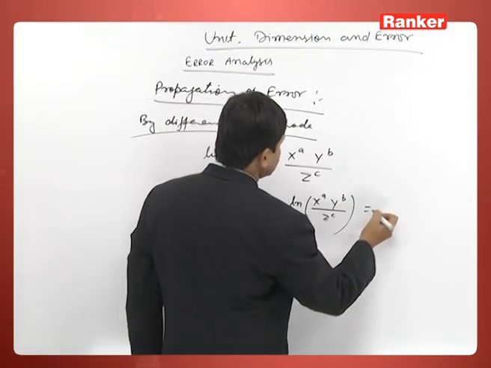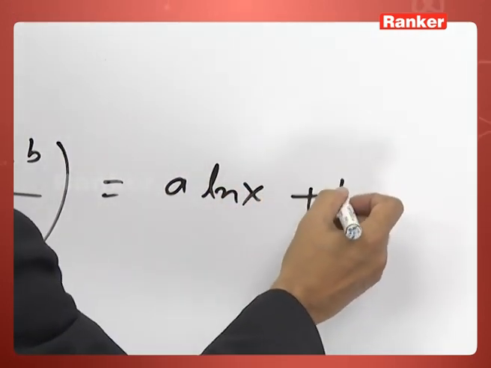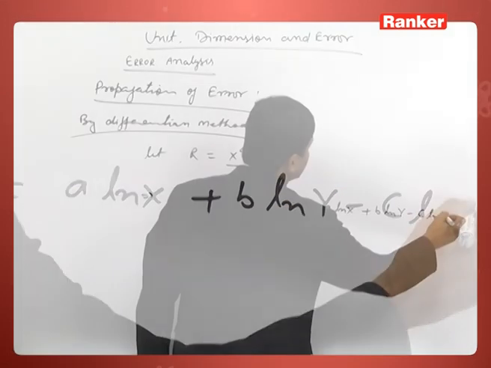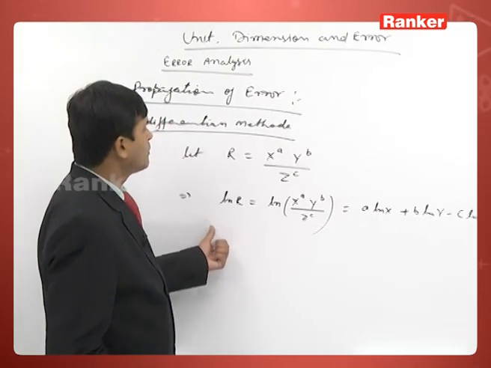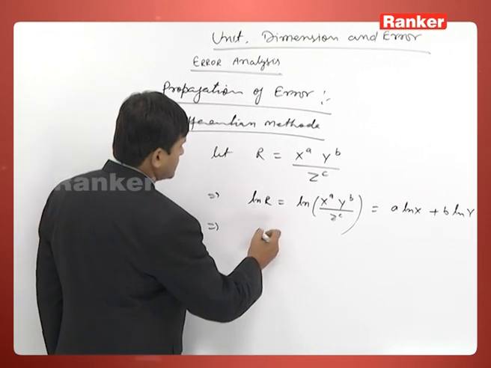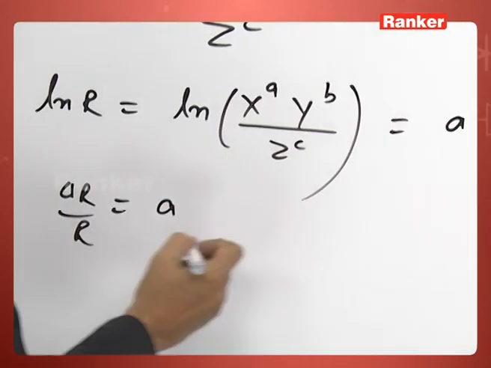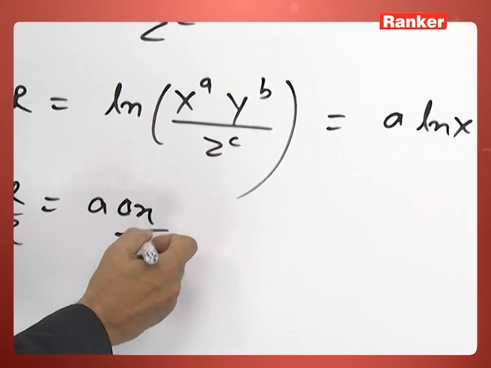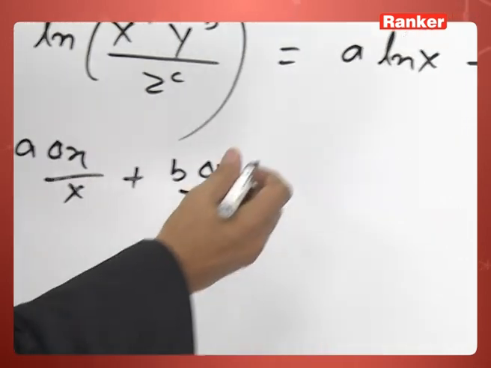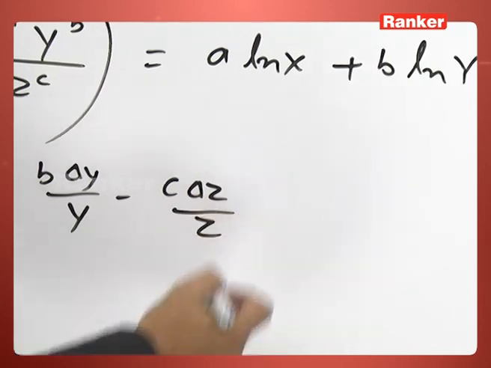This further we can write as a ln x plus b ln y minus c ln z. Now we can simplify this by differentiation. So delta r by r is written as a delta x by x, plus b delta y by y, and minus c delta z by z.